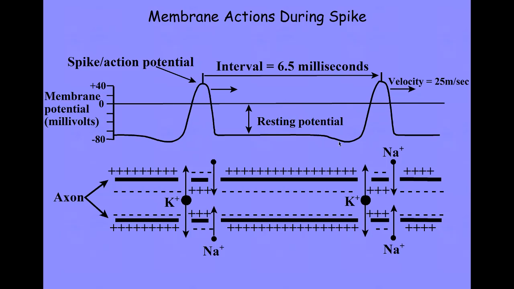And then it slowly normalizes again, at which point we can have another action potential traveling down this area of our axon. And so we have this train of action potentials going down. The interval between the action potentials is about 6.5 milliseconds. So we can have one every 6.5 milliseconds traveling down this axon at a velocity of about 25 meters a second.